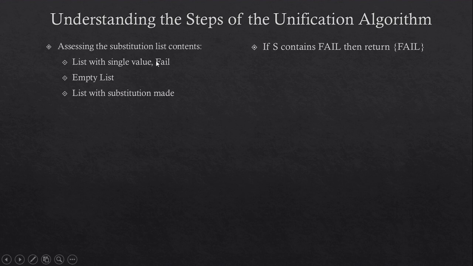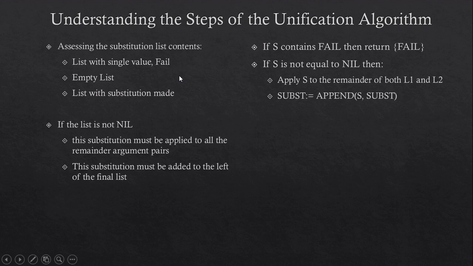That means we can then have the following lines of code. If the list contains the value fail, then the algorithm should return fail and come out of the for loop and the algorithm. If the list is not nil, that means the substitutions were made, then we need to do two things. We have to first make sure that this substitution is applied to all the remainder argument pairs.